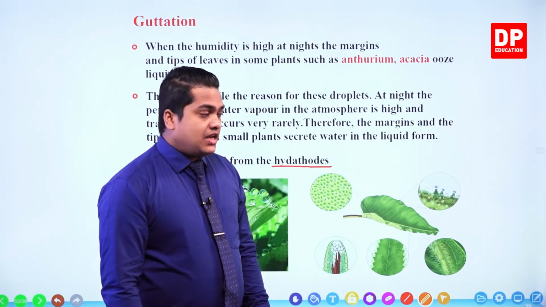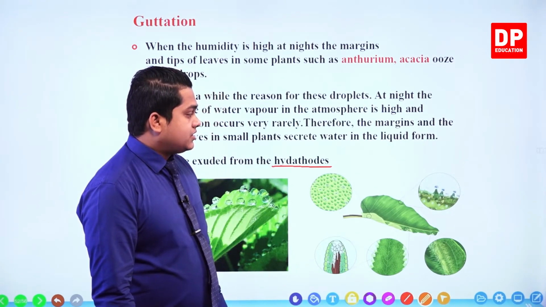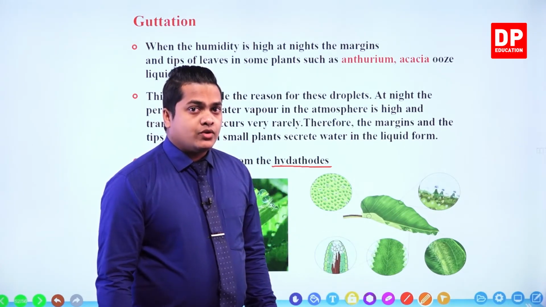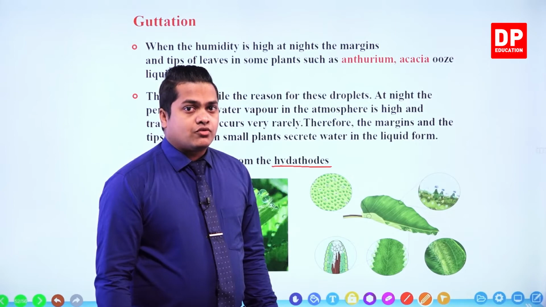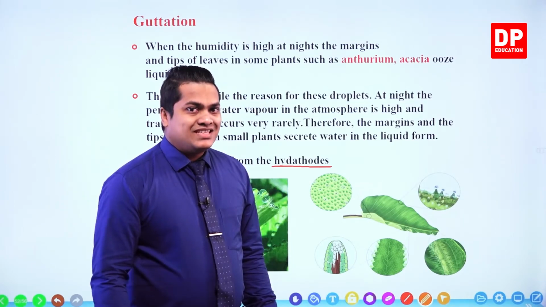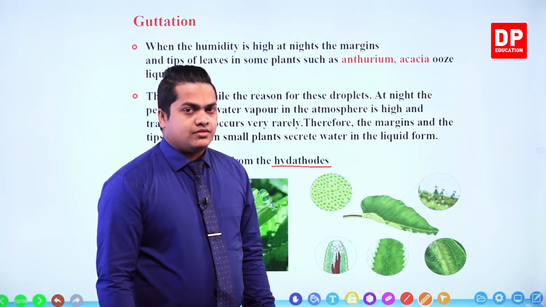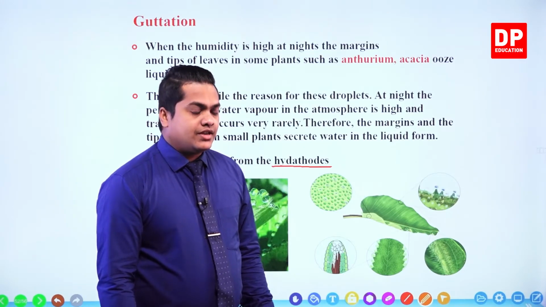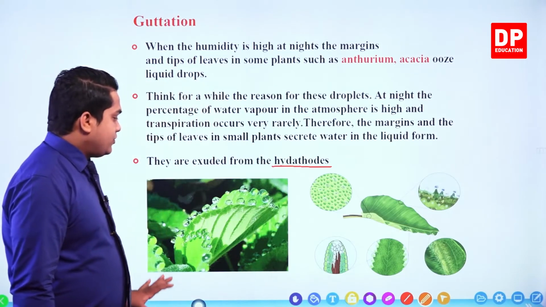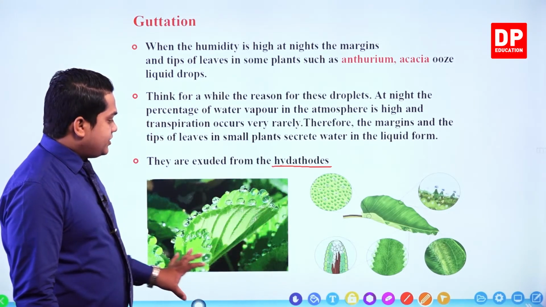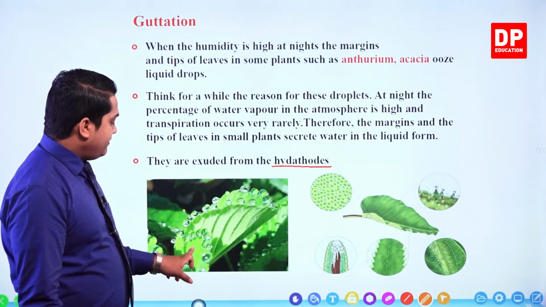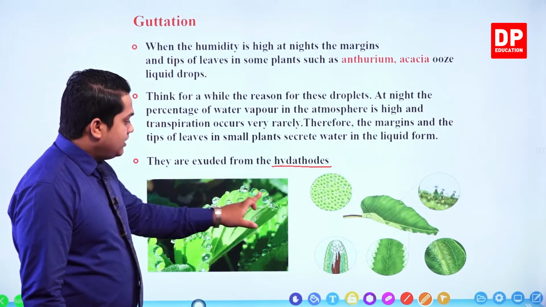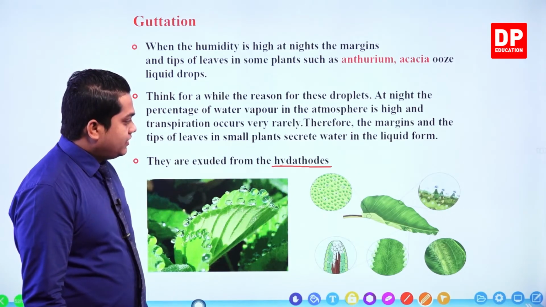Okay, it's mainly because of, my dear children, the hydathodes which are going to release water in the droplet form. This is referred to as guttation, right? So here in these figures you can observe that condition. See here in this plant leaf, you can observe the water in droplet form at the end of the leaf or at the tip of the leaf, right?